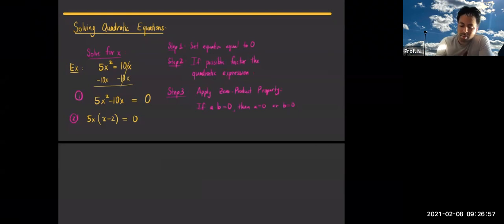So if I have a product, and that product gives me 0, that means that either the first expression in the product equals 0 or the second equals 0. One of them has to equal 0. And then I can solve for x. Step 4, solve for x.